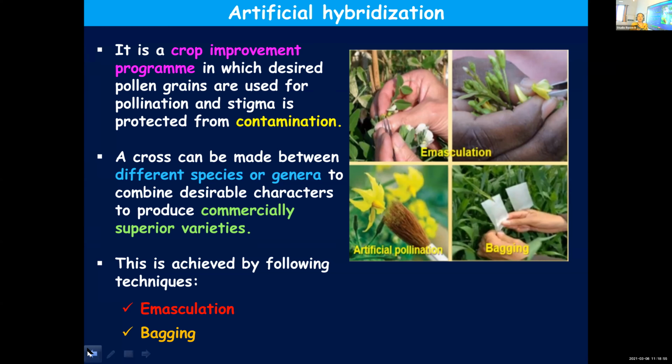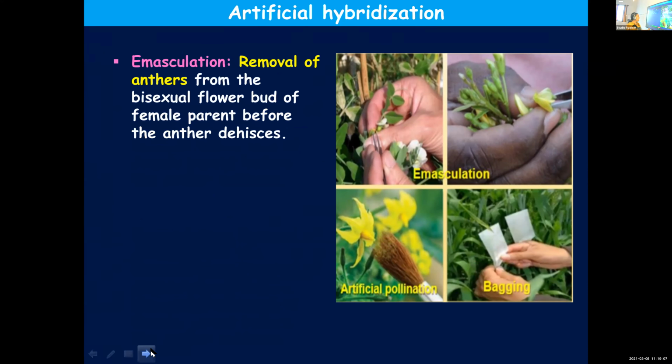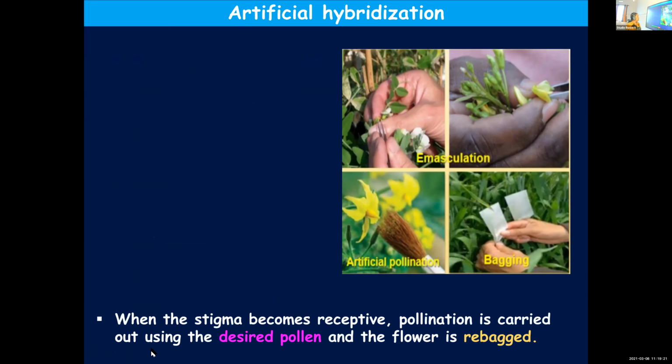And the steps involved in artificial hybridization are emasculation and bagging. Emasculation means the removal of anthers from a bisexual flower before the anther dehisces, and then once the anthers are removed, the flower will be kept covered so that the stigma will not get contaminated by unwanted pollen grains.